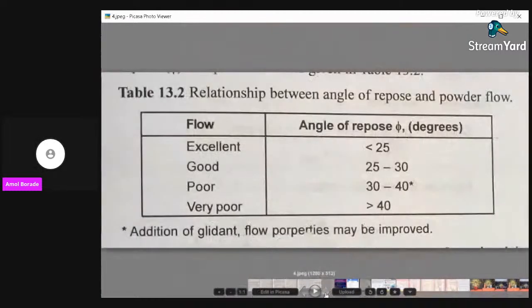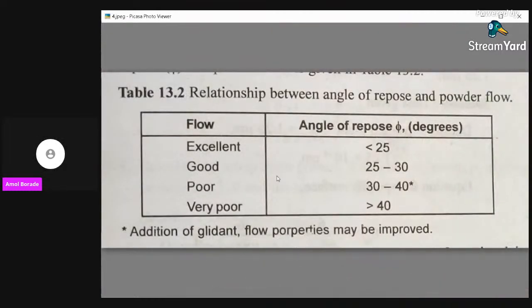Okay. So now come to our table again, which I have already explained to you. All the batches will give different angles. Why will we get different angles? Because every batch is composed of a different composition.